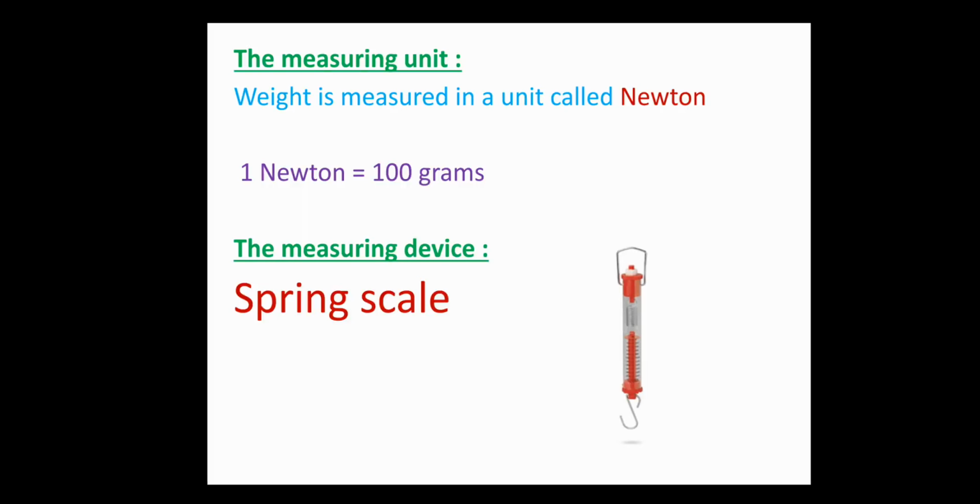But 1 kilogram equals what? Yes, super. 1 kilogram equals 1,000 grams. For the measuring device of weight, there is only one device to measure the weight, and that's called the spring scale. So the spring scale is the device that measures the weight.